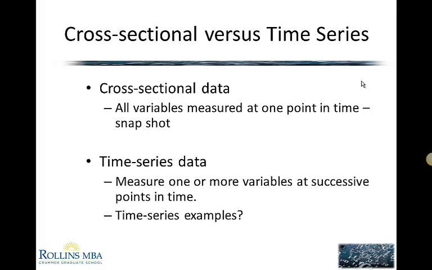Whereas we could also look at what's called time series data, in which we're measuring one or more variables at successive points in time with a view towards trying to see how those values are changing over time. So a similar example from the automotive industry is that rather than just looking at one time period, say the first half or the first quarter of 2010, we might track one or more brands of sports utility vehicle and see how their quarterly sales have varied over time, say maybe over the last 5 years' worth of quarterly sales data.